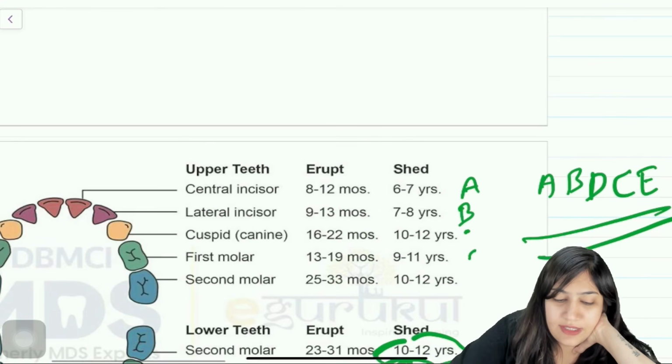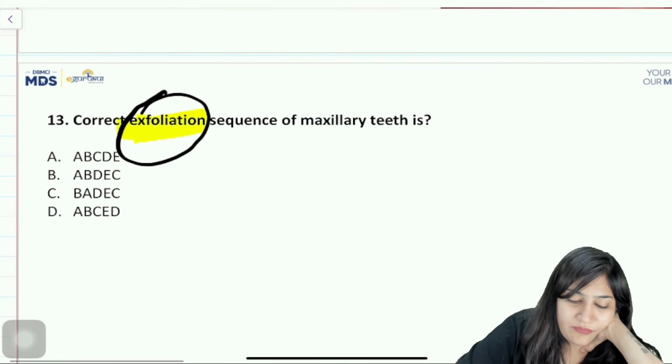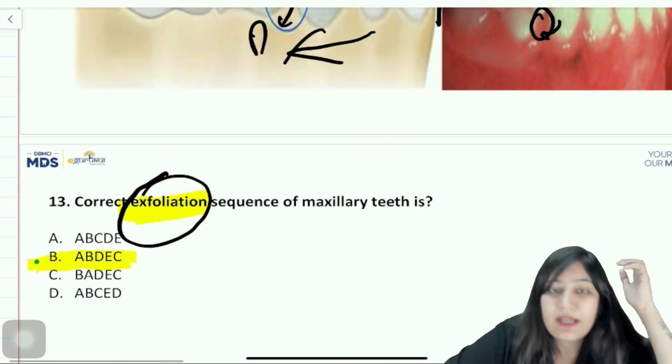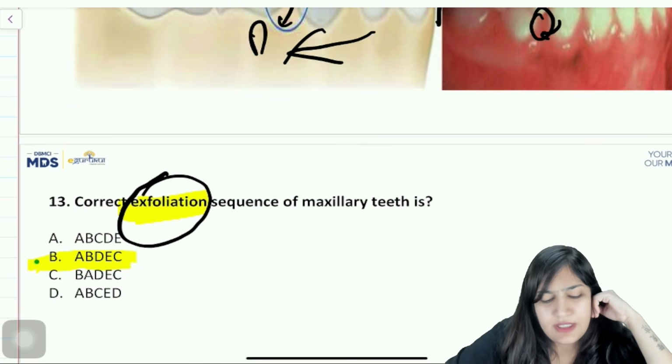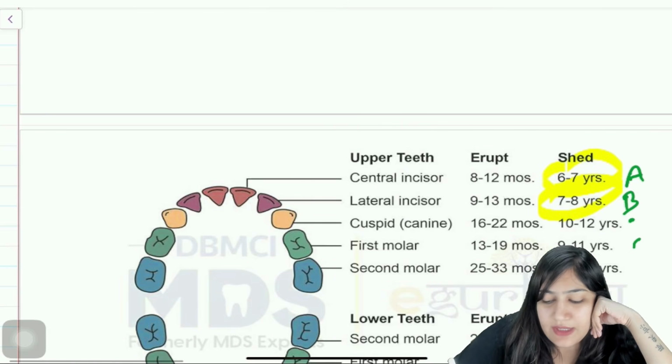So for maxillary teeth, it is A, B, D, C, E or A, B, D, E, C. The correct answer here will be A, B, D, E, C, as it is 6 to 7, 7 to 8, then 9.